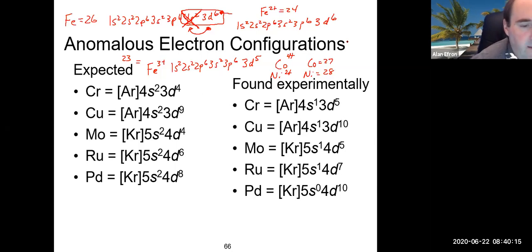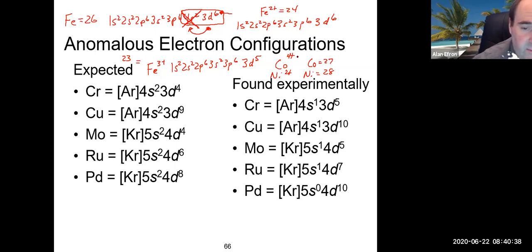Okay, let's take a look and see. So we have cobalt with a +4 charge. Again, cobalt with no charge is 27. And if it has a +4 charge, that means that it lost 4 electrons.